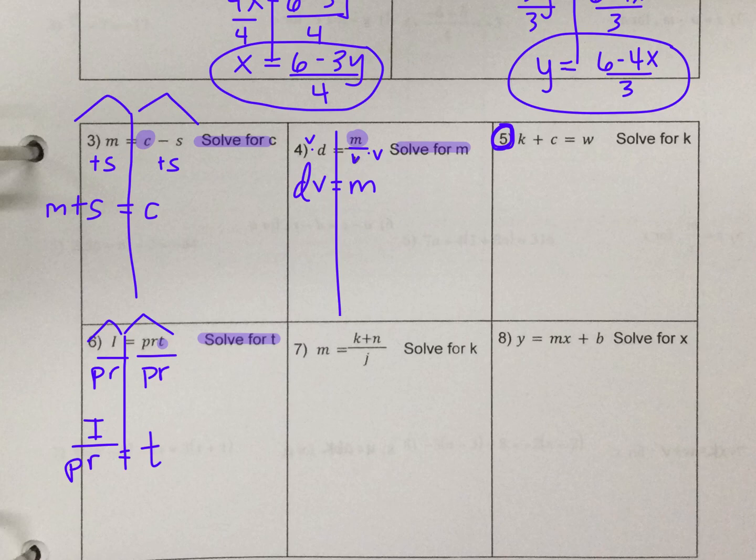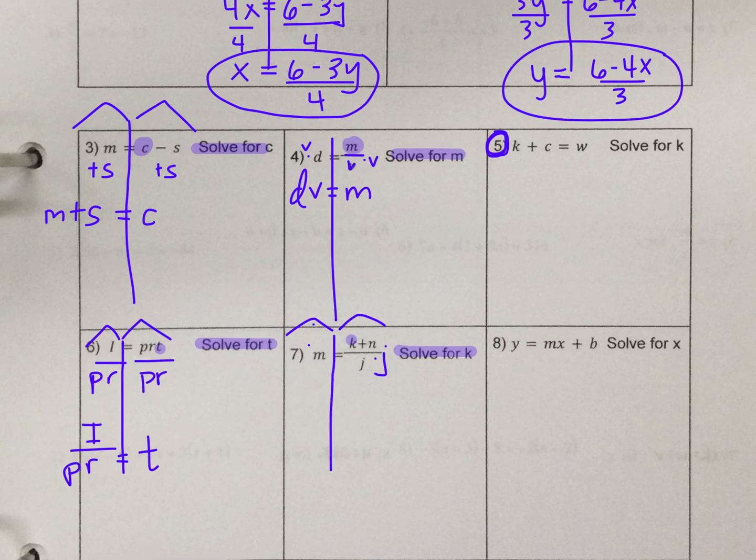And number 7, solve for k. So when I do this, step 1, I got to get that j gone. So it's being divided by j, so I'm going to multiply times j. So mj, I multiplied that together, equals k plus n, because those marked out.